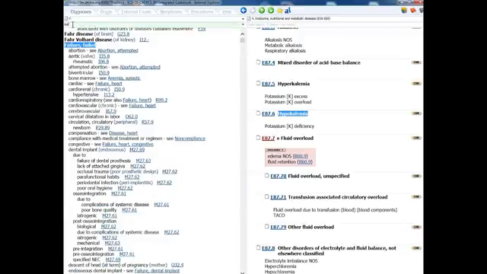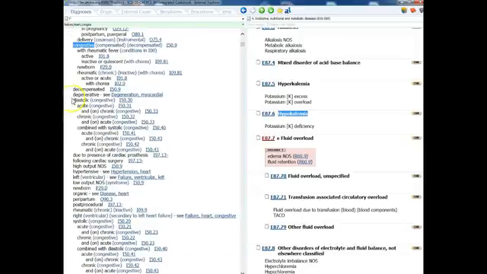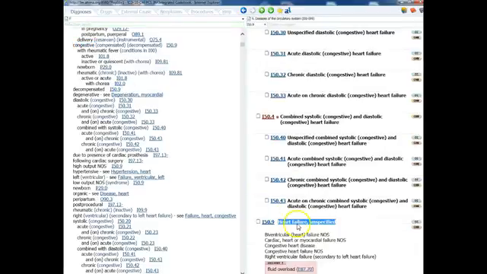So I'm going to look up heart failure, congestive, and then decompensated, and I will find this code I50.9, which is heart failure unspecified.